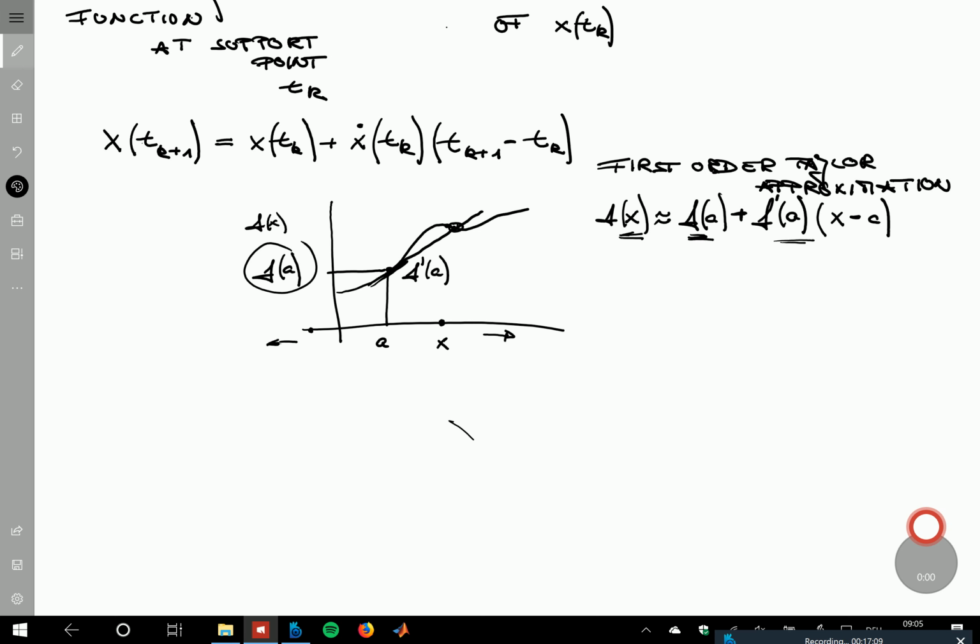So Taylor approximations can go higher, essentially by including second order terms and third order terms, so that you also look at the second derivative, the third derivative, and increase the exponent here, and at the same time decrease the contribution.